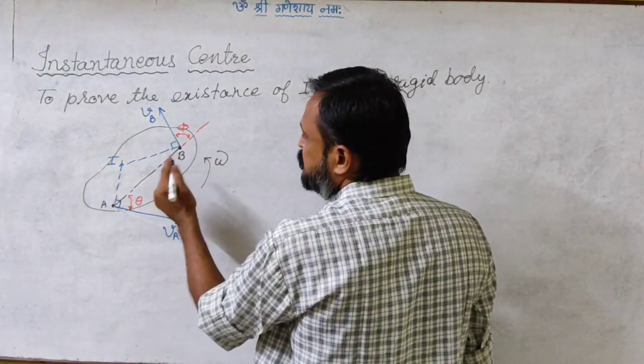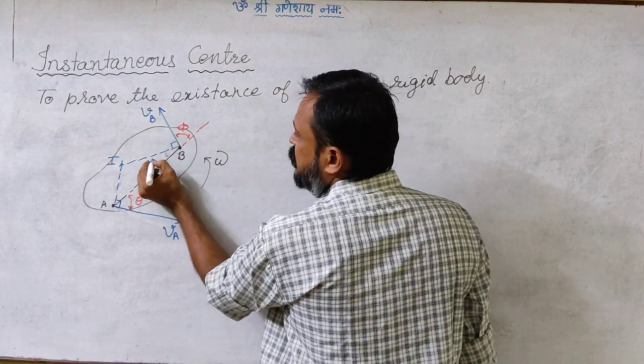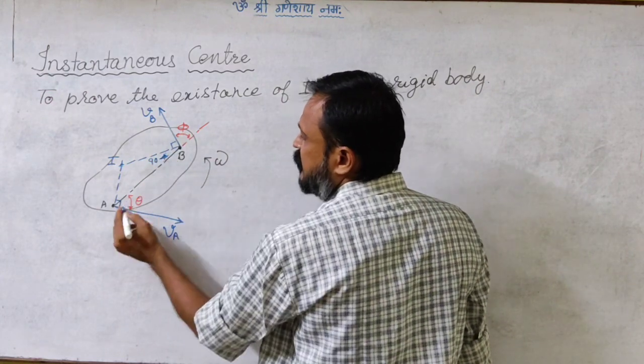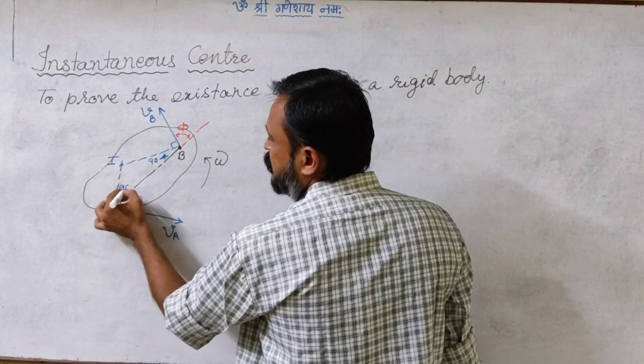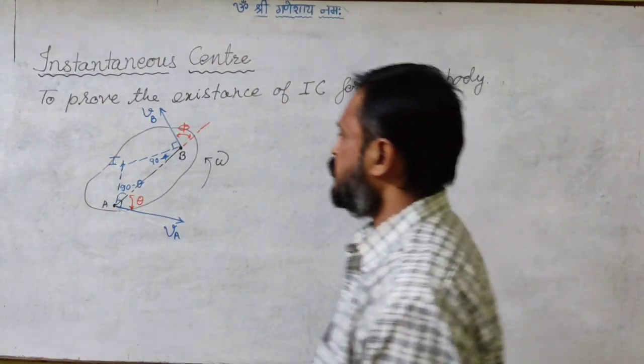So if we see the geometry, this will come out to be 90 minus phi and this will come out to be 90 minus theta, right?